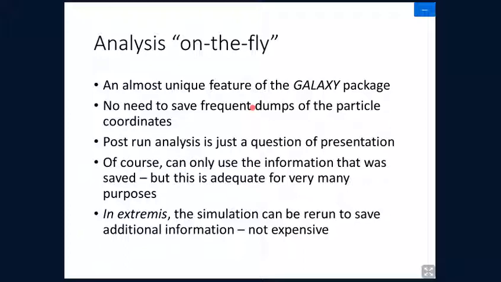I calculate the density profile of the model in many different possible ways of analyzing the model, and they're all done in the Galaxy code as the model evolves, and the results of each piece of analysis, which you can turn on or off at will, are saved in a separate file.